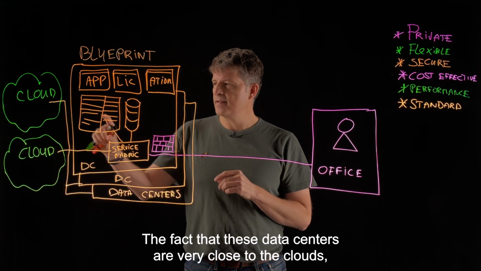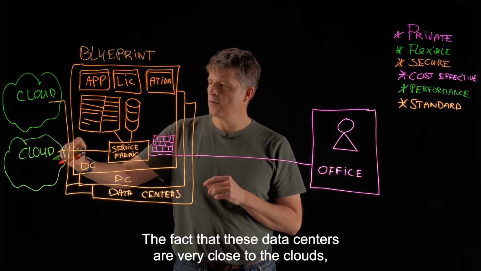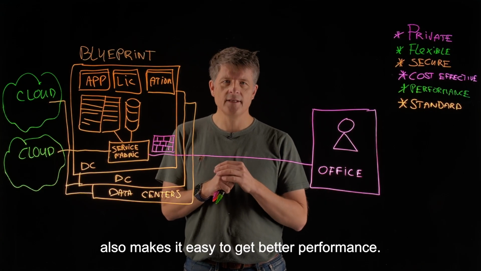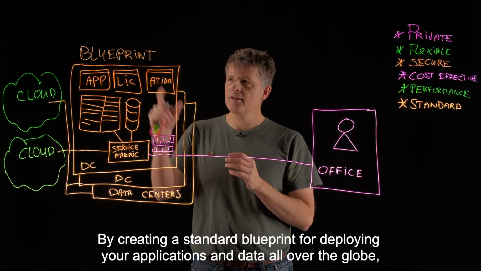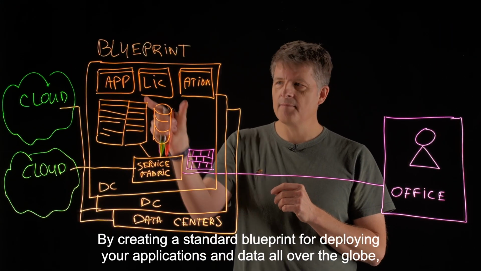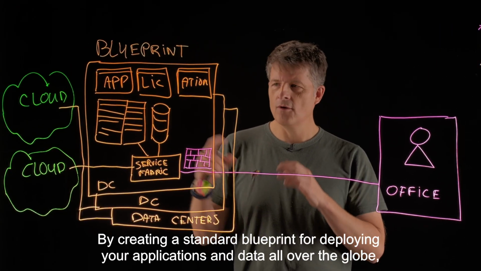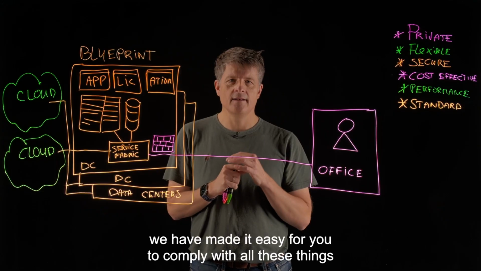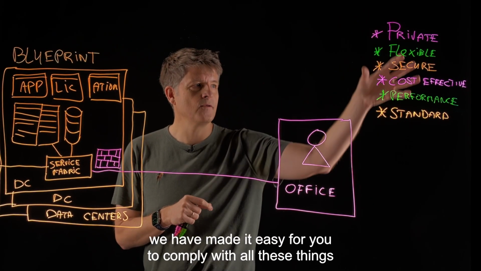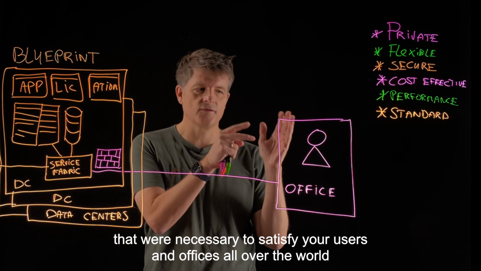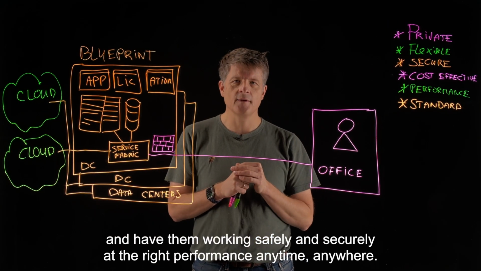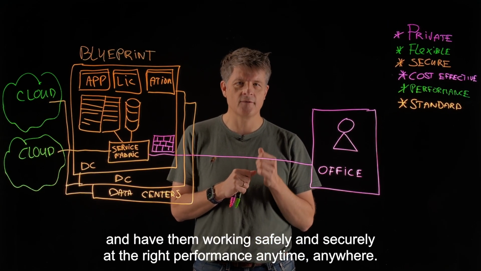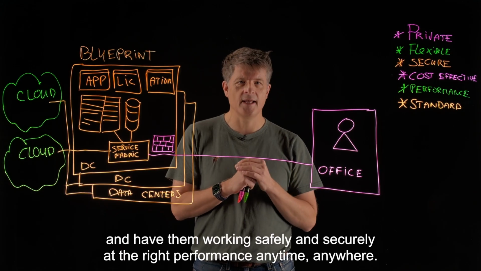The fact that these data centers are very close to the clouds also makes it easy to get better performance. By creating a standard blueprint for deploying your applications and your data all over the globe, we have made it easy for you to comply with all these things that were necessary to satisfy your users in offices all over the world and have them working safely and securely at the right performance anytime, anywhere.